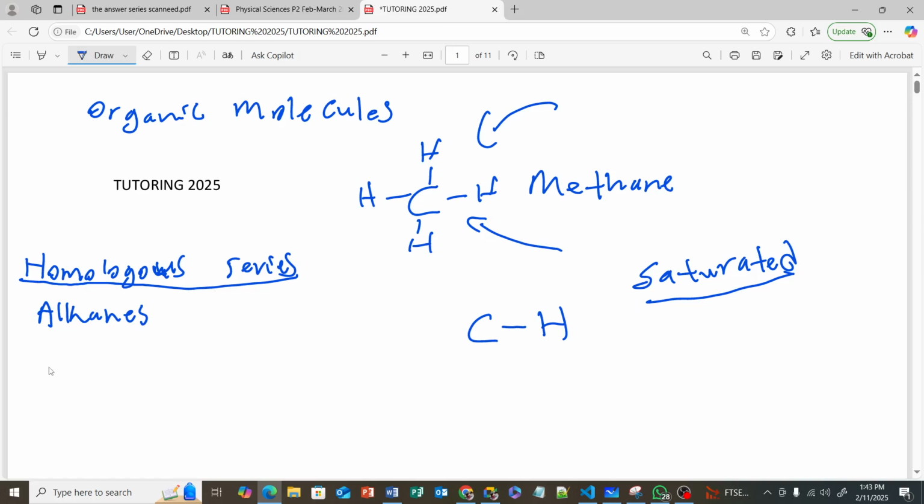Okay, now we can move to the second stage of this family. We call them the alkenes. Alkenes is another form of homologous series that we are going to deal with, but alkenes are slightly different from alkanes, such that in between at least two carbon atoms you must see a double bond.